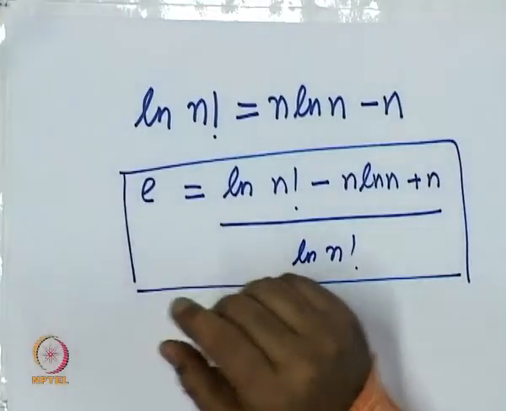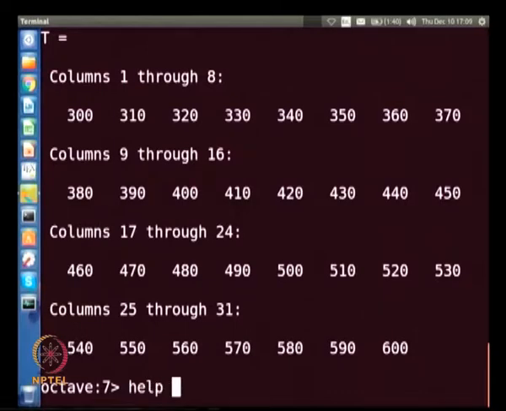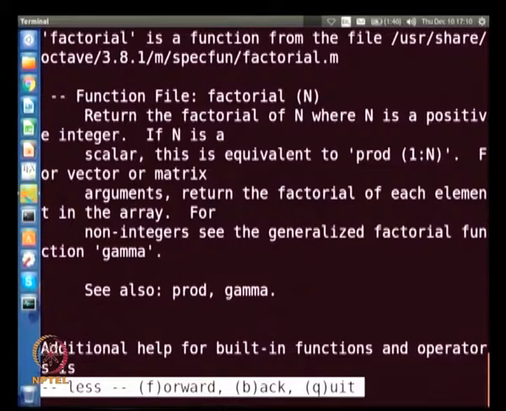Well, we know how to do that, provided we know how to do the factorial calculation on Octave. So my first step would be to ask for help from Octave. I am going to ask help factorial. I hope help factorial will give me help on factorial. Help space factorial. Very good.